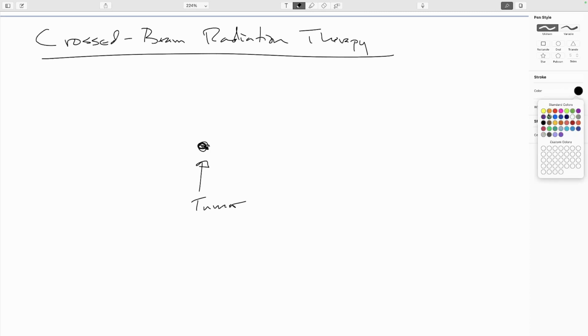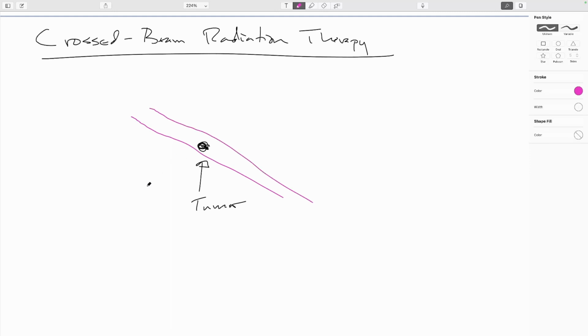The trick is you would like to get rid of the tumor, but without affecting the surrounding tissue. One of the games that you can play is you can expose a patient to radiation in these pencil shapes.